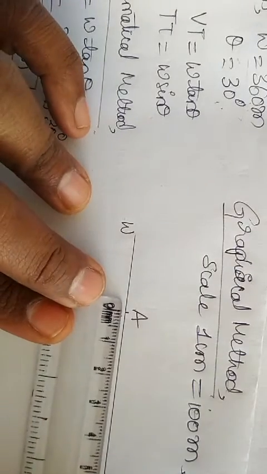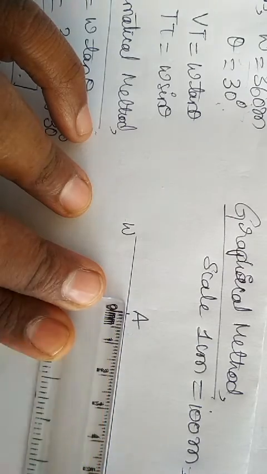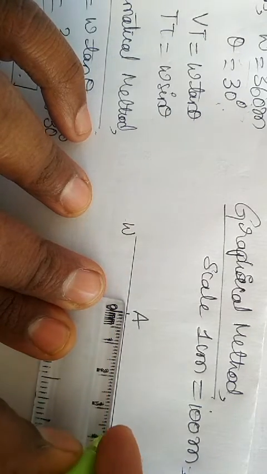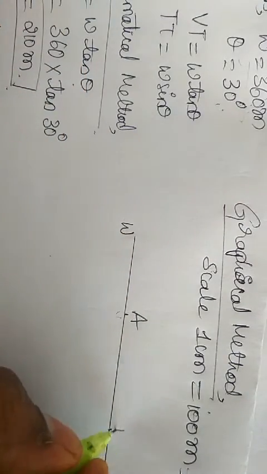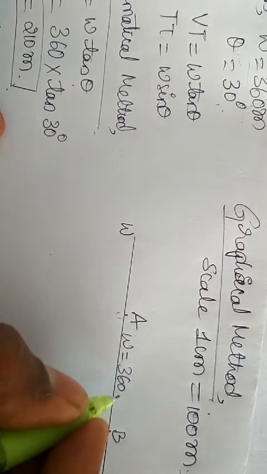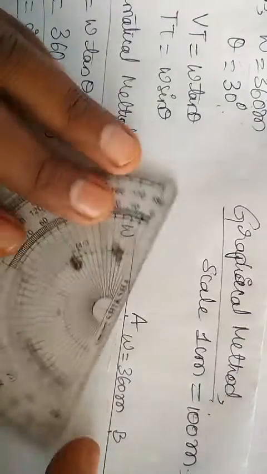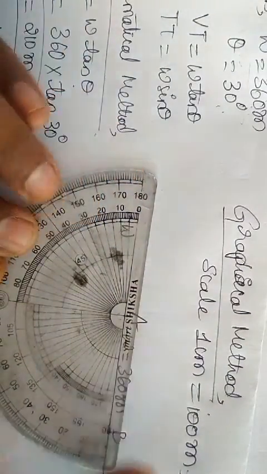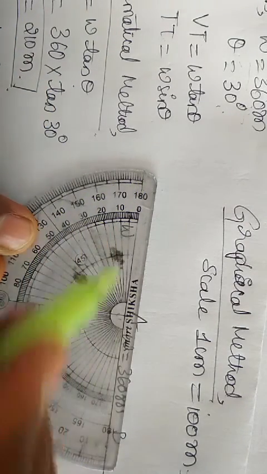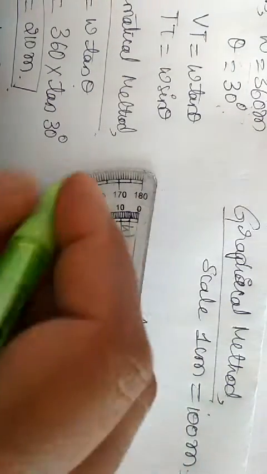For the scale we have taken, 1 centimeter equals 100 meters, we need to measure 3.6 centimeters from point A and name it as B. So the width W is equal to 360 meters. In the question they have given that the dip is 30 degrees towards the west. So from point A, towards the west direction, we need to measure 30 degrees.